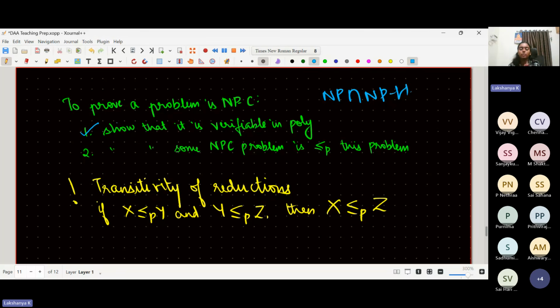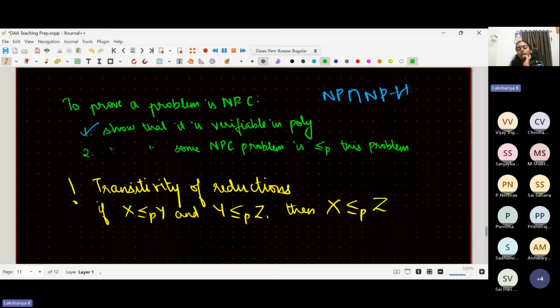I give you a number of elements, weights and profits. You just have to sum up and check if the weight is less than or equal to the capacity, and that's all there is. Summing up is obviously polynomial time. So it is proven that this problem is verifiable in polynomial time. Done. So that is how you prove that it belongs to NP.